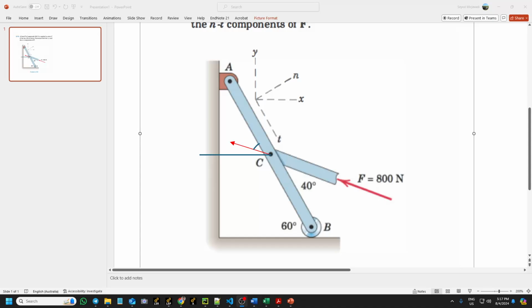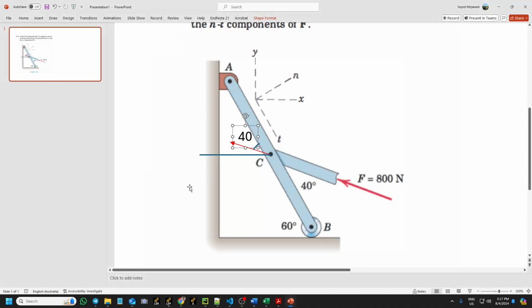I will just type it here. This one is 40 now. And this line is parallel with this line, this green one.